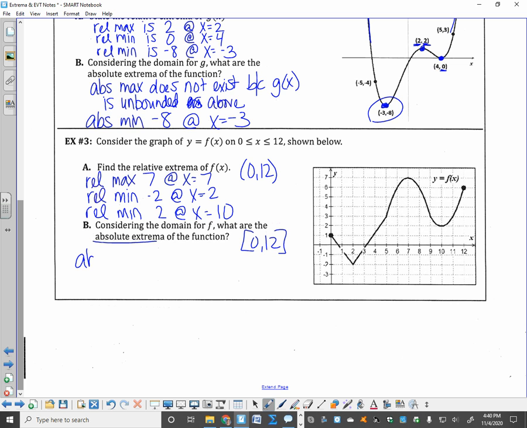My absolute max is 7 at x equals 7, and my absolute min is negative 2, and that happens at x equals 2. Okay, so I hope we've got the difference between relative and absolute and how they want it written.